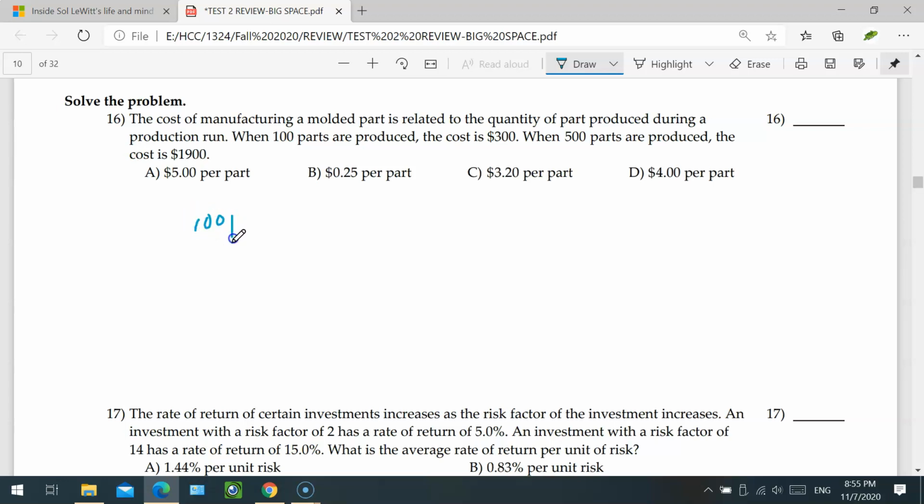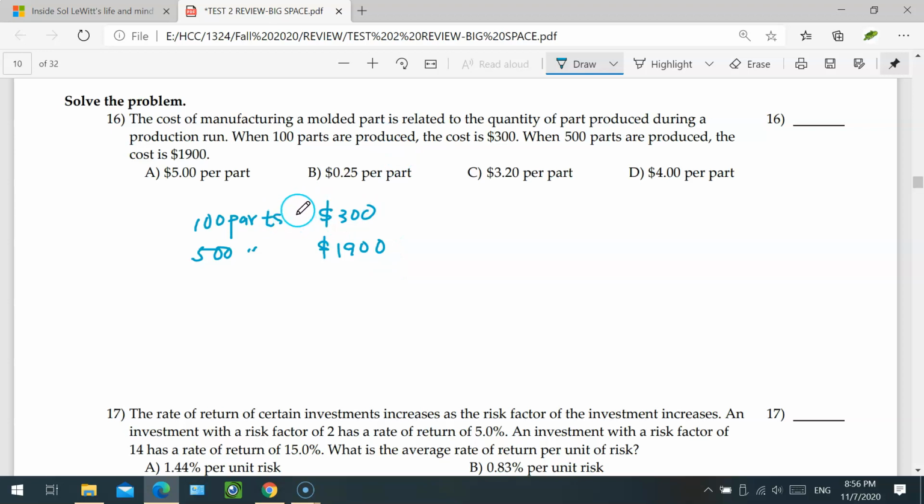When 500 parts are produced, the cost is 1900. So now we need to find the unit price or the average price per part.